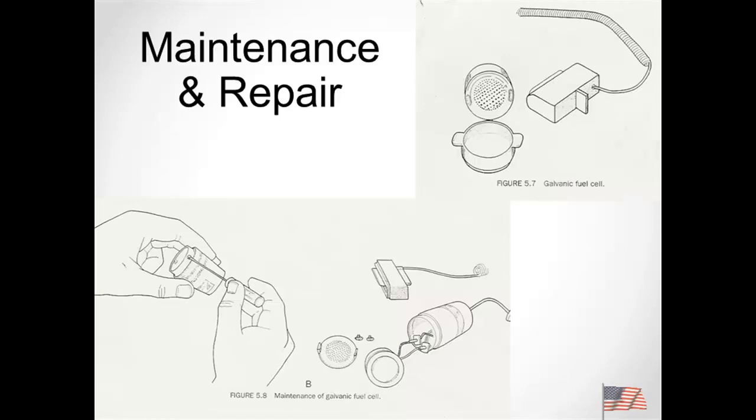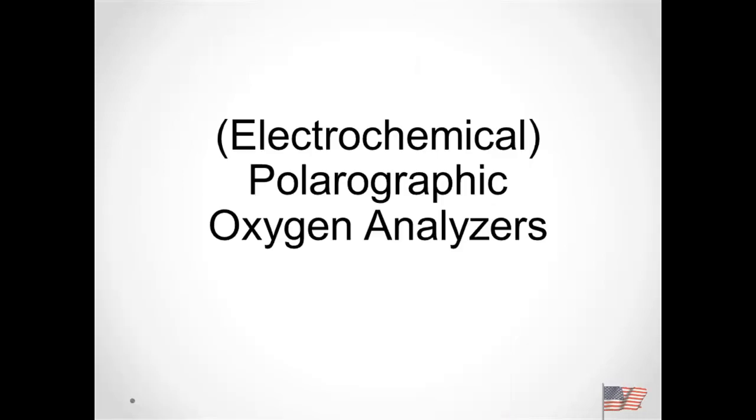And again, this is just looking at some of the maintenance on it. They're just removing some screws to get at the fuel cell, and the fuel cell gets tossed. You saw in that one, it was even easier yet. Why do you do this 2-point calibration? You always want to calibrate an instrument that you're using to measure the oxygen environment.